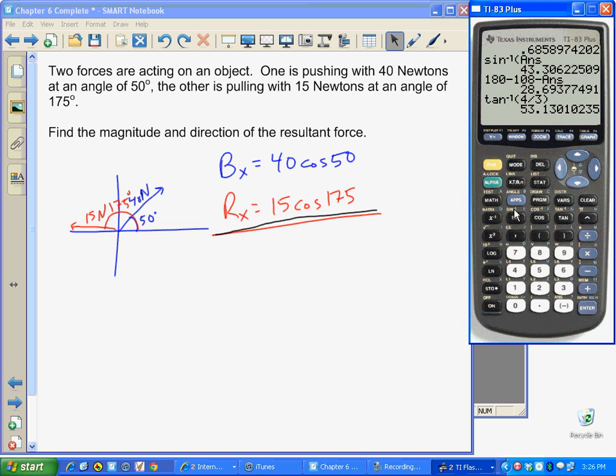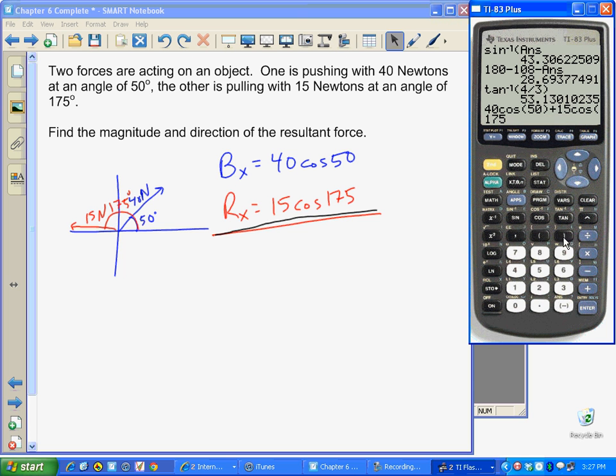So I can just do this. I've got 40 cosine 50, and I'm adding it to 15 cosine 175. Now if you look here, 175 is going to have a negative cosine value because we're over here, so I should get something that's smaller than either of these.